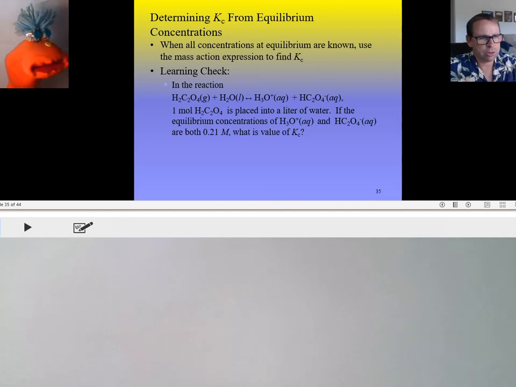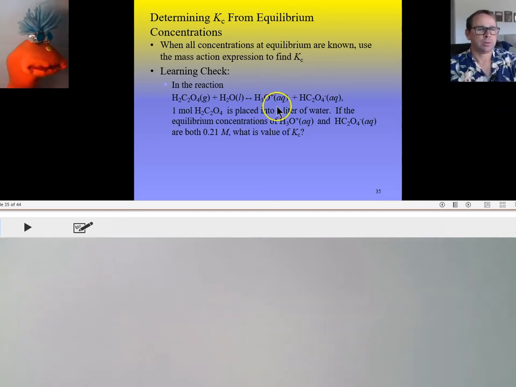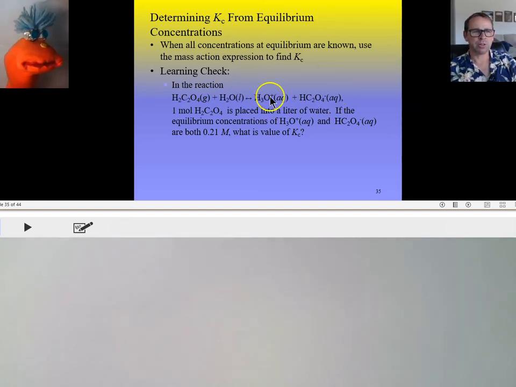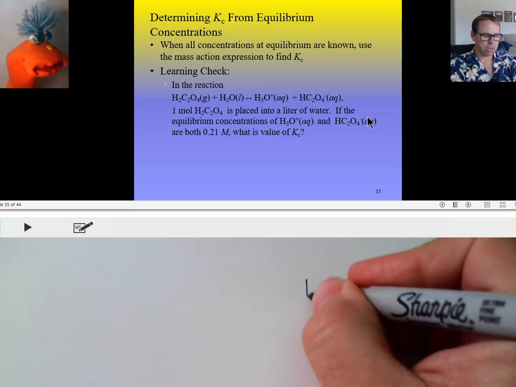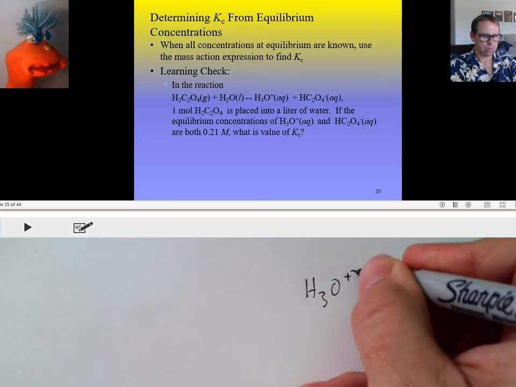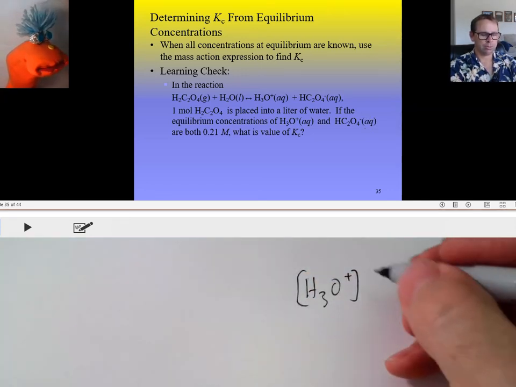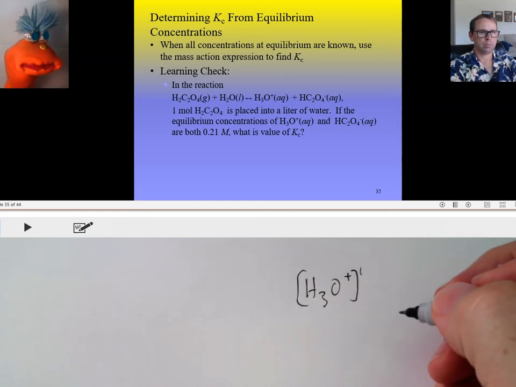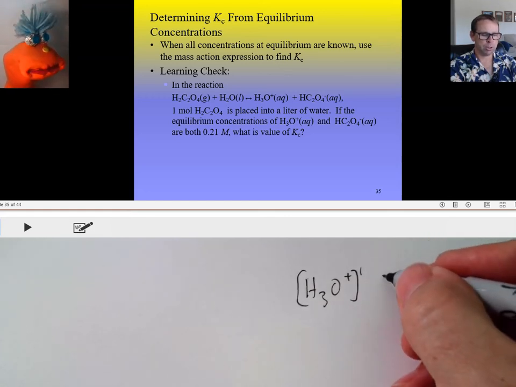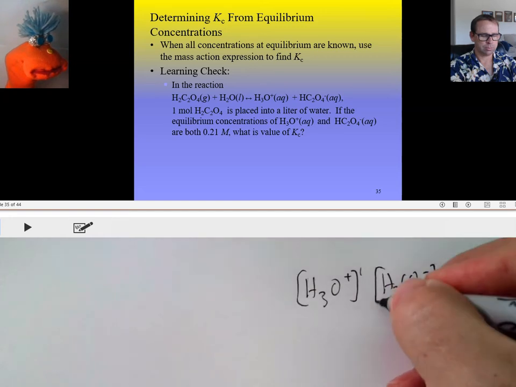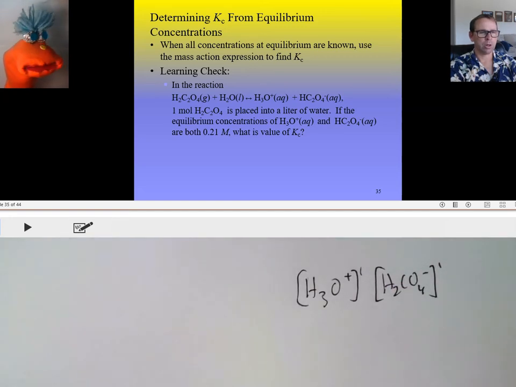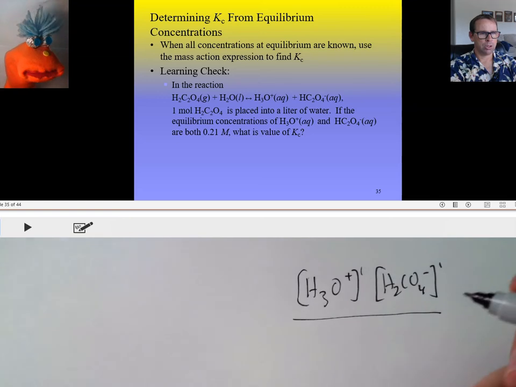I'm not sure I understand this. Well, can you write the mass action expression for this reaction? Okay, I can try. Let's see, we've got products: H3O+ raised to the 1, HC2O4- raised to the 1, divided by H2O.